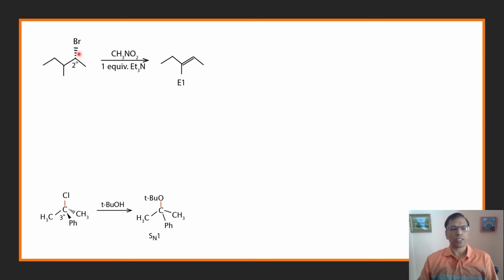And so once the carbocation is formed, then triethylamine will abstract a beta proton. So it can be this beta proton or this. But if it does abstract this beta proton, then you'll get the monosubstituted alkene that's not favored. If it abstracts this beta proton, then you'll get a tri-substituted alkene, and that's favored.